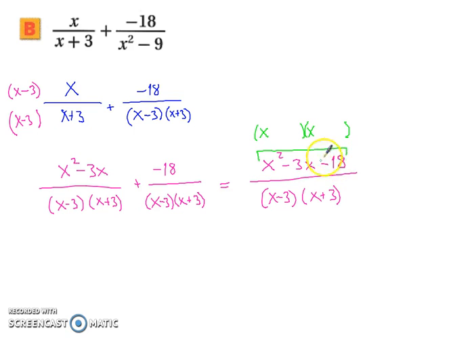So you want two numbers that multiply to give you negative 18, but add to give you negative 3. So we want ourselves a negative 6 and a positive 3. Well, notice you can now simplify. We've got x plus 3 on the top and the bottom. So all you're left with is x minus 6 over x minus 3.